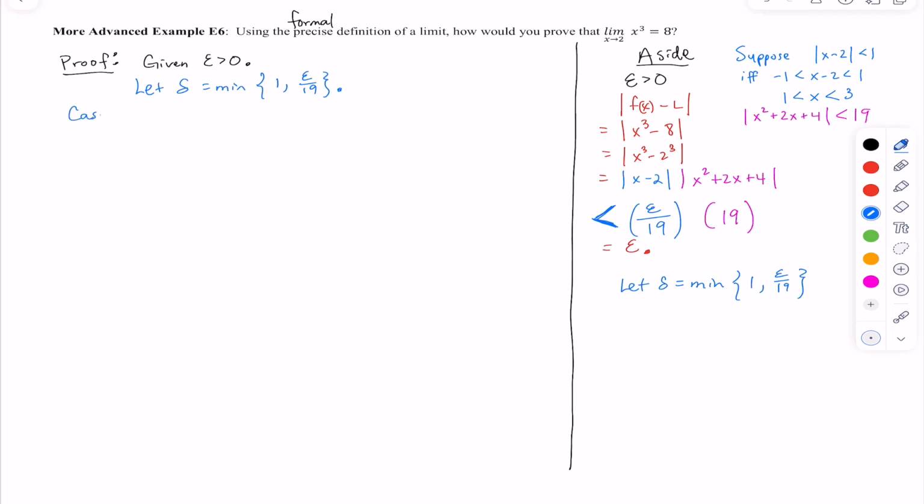So case 1, if delta is in fact 1, what we're going to do now is observe the distance between f of x and L.